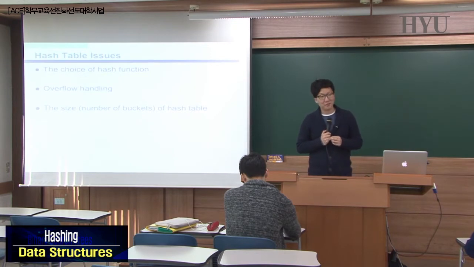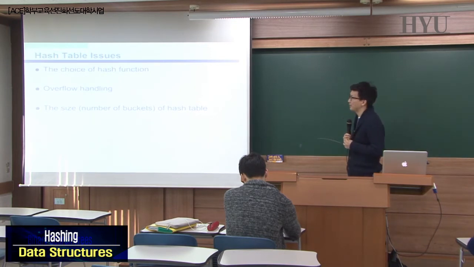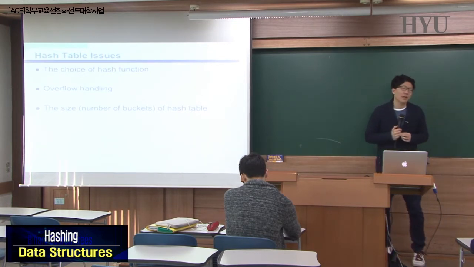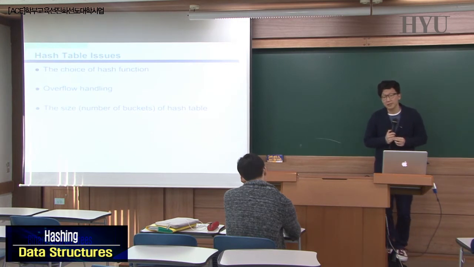Okay, so hash table issues. The choice of hash functions. What function you use is a crucial part of your hash table design. If your hash function generates too many collisions, is that a good hash function? Probably not.